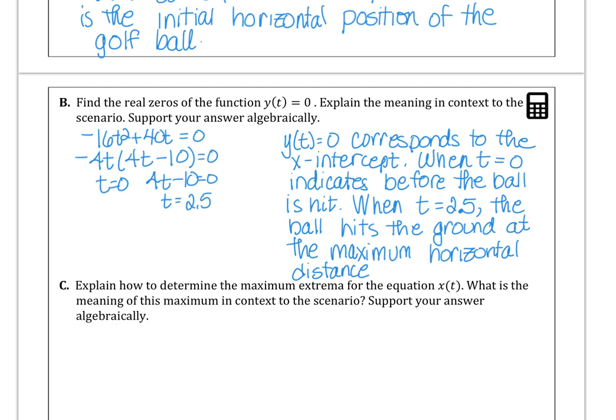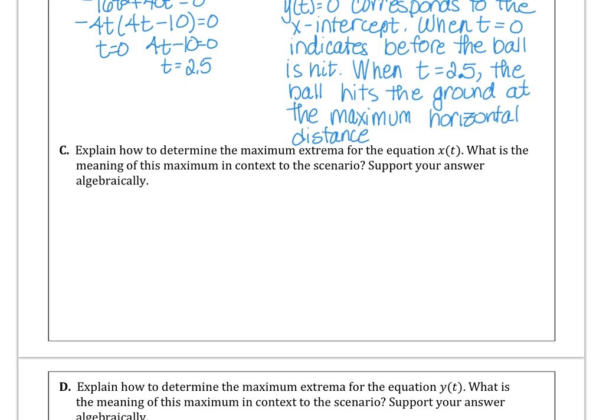For part C, explain how to determine the maximum extrema for the equation of x of t, and what is the meaning of this maximum in context to the scenario, and support your answer algebraically. So our maximum horizontal distance occurs when t is 2.5.